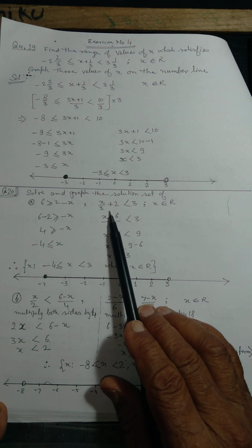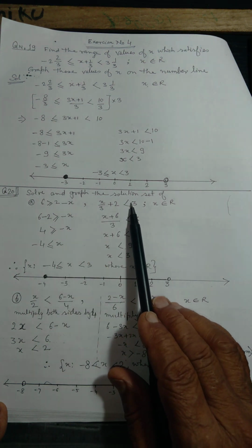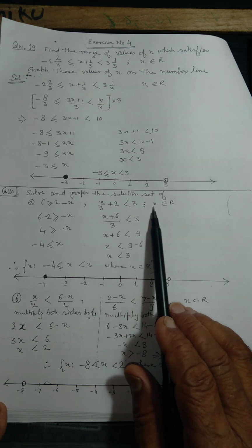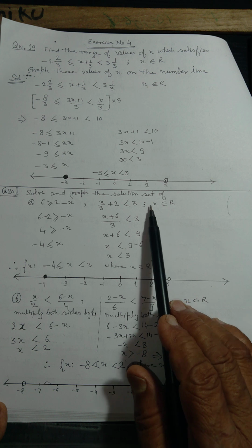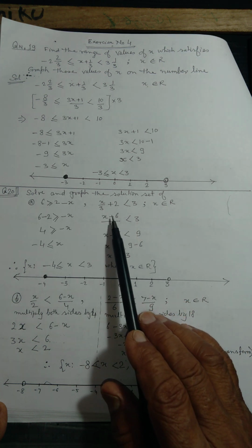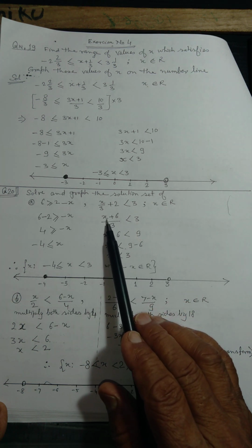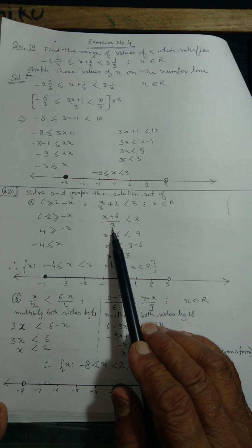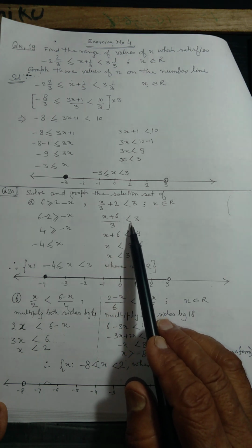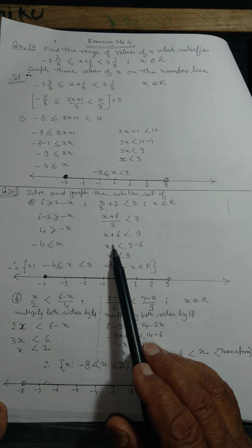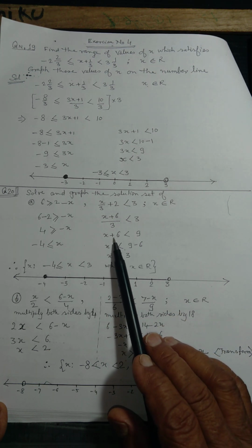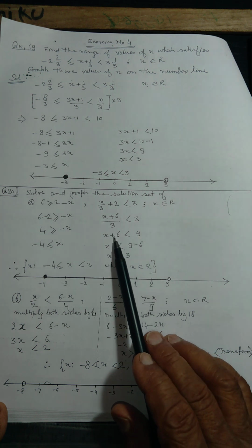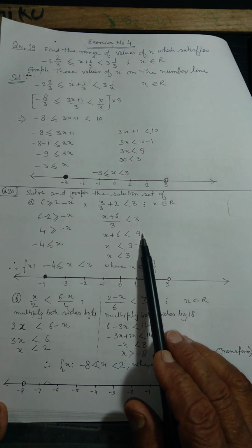Here, x by 3 plus 2 is less than 3, where x belongs to real numbers. Taking the LCM 3, x plus 6 upon 3 will be less than 3. Just cross multiply it: x plus 6 will be less than 9.